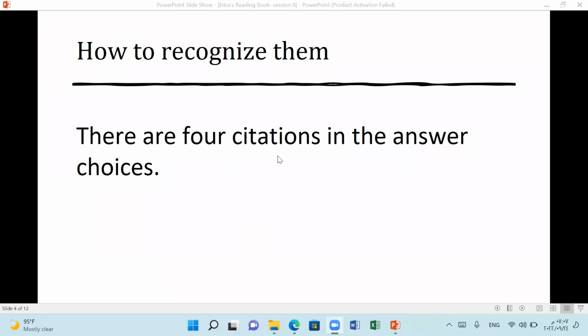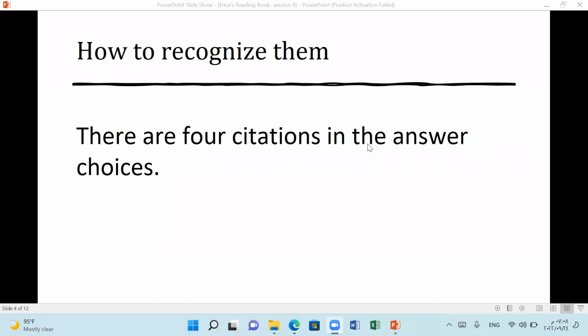The first thing that you need to learn is how to recognize the evidence-based questions from the rest of the questions on the reading section. You will find that this type of questions has 4 citations in the answer choices.